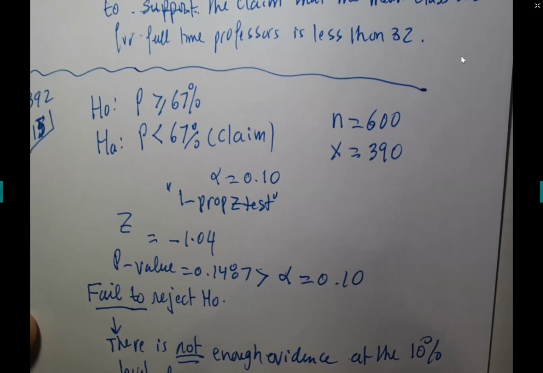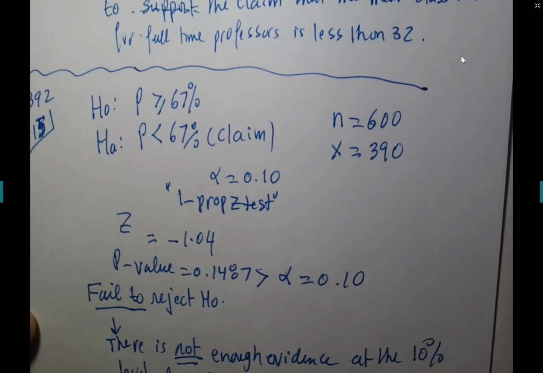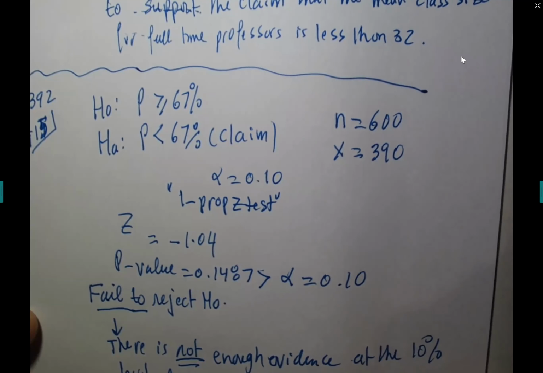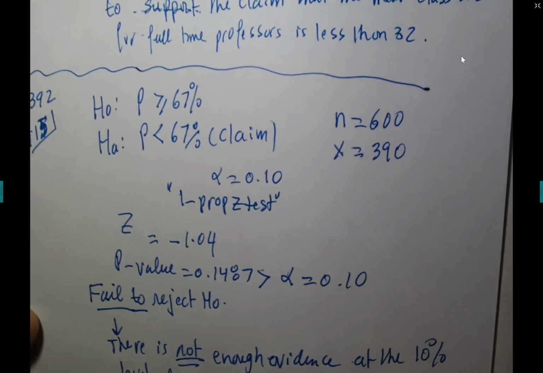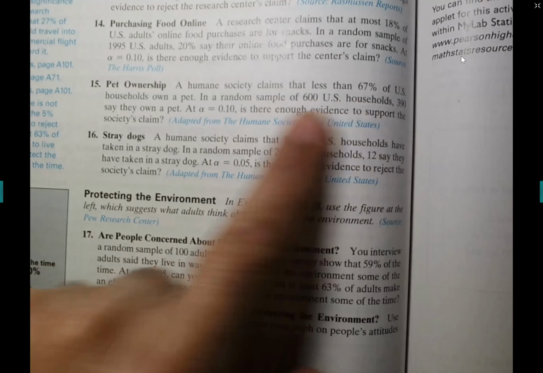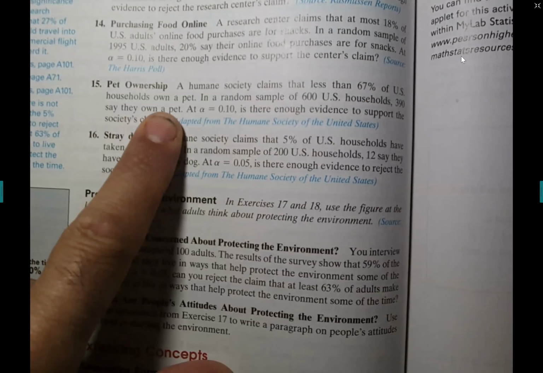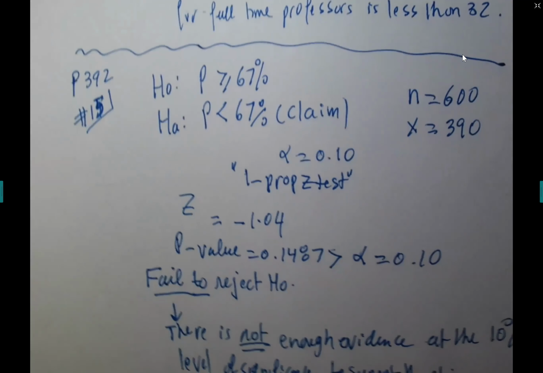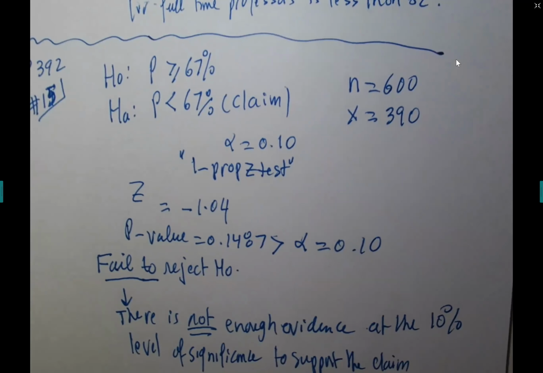The claim is P is less than 67%. At the 10% level of significance to support the claim. And you don't need to figure out the language, just copy it and paste it from the question itself: that less than 67% of US households own a pet. So this is, we will continue, just to do more.